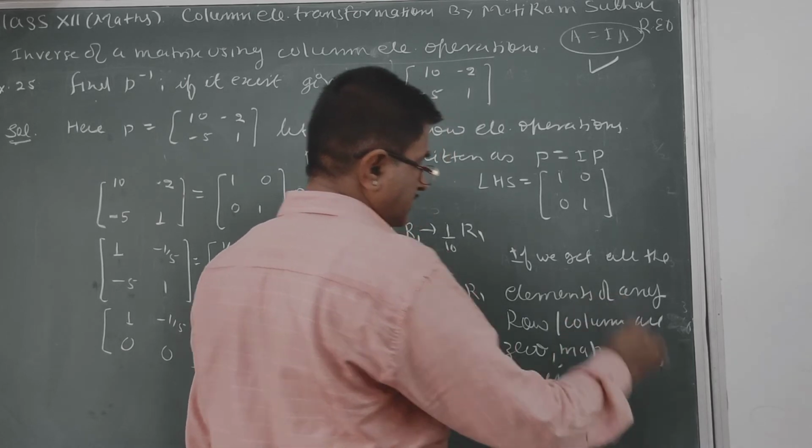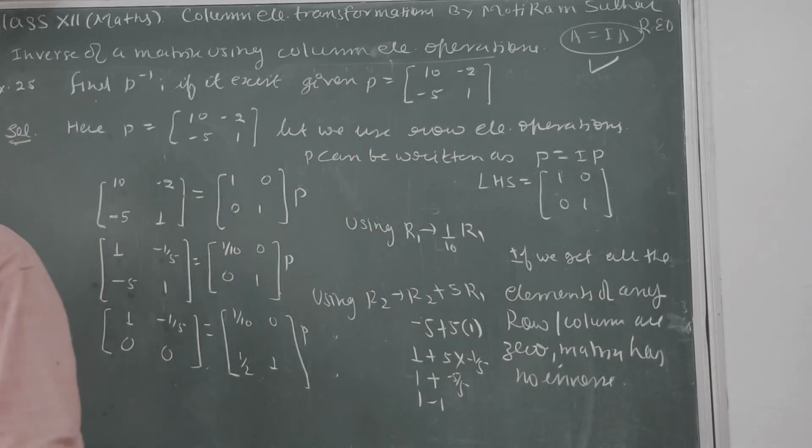We may also write it like this: if all elements of any row or column are zero, then that matrix's inverse does not exist. तो उस मैट्रिक्स का इनवर्स नहीं होगा, राइट?